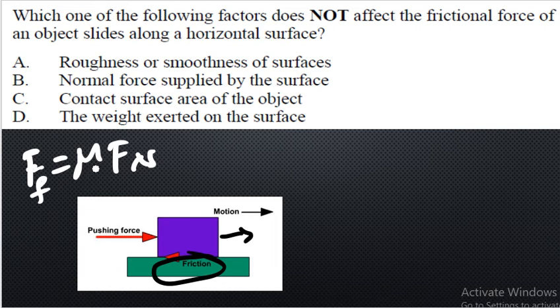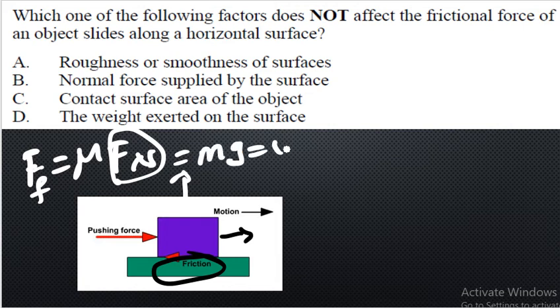Coefficient of friction means roughness or smoothness of a surface, so that affects. And normal force is the same as the weight in case of a horizontal surface. If the object lies on a horizontal surface, the normal force is the same as mg, or the weight of the object. Therefore, frictional force is mu mg.